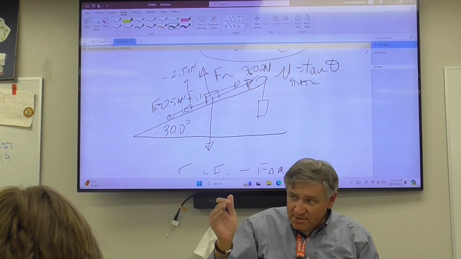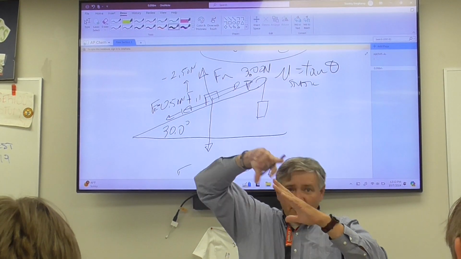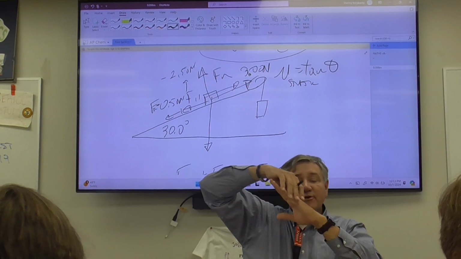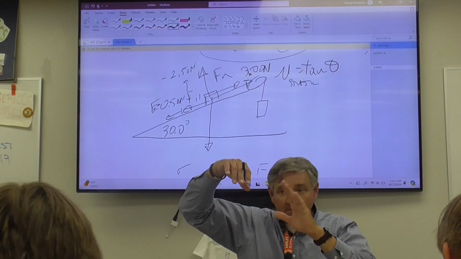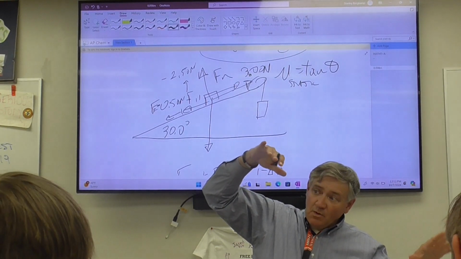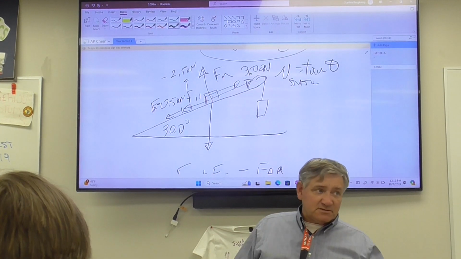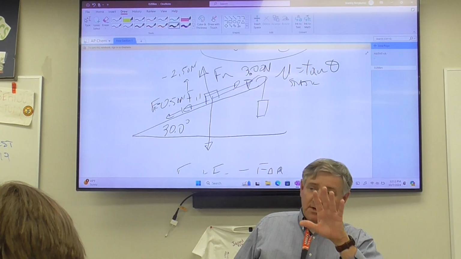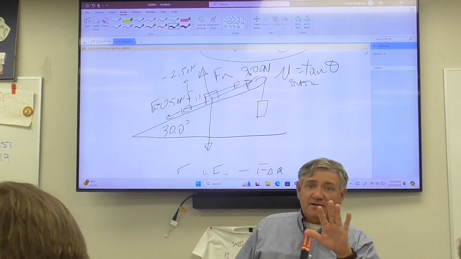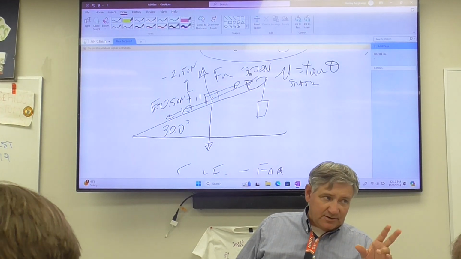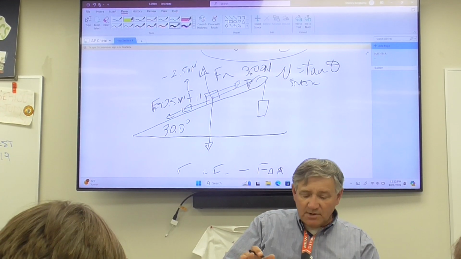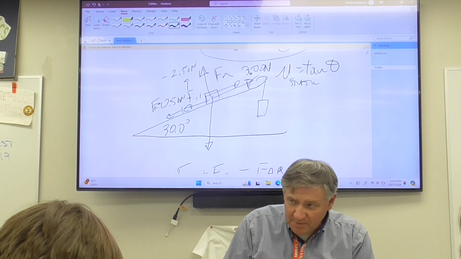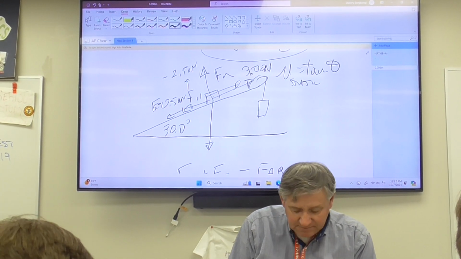So on number 3, now you have 2 forces acting up: your applied force and your force friction, which should equal the only force acting down, which is the force parallel. Okay? So on number 3, you don't have to do any new calculations. You're just going to change the sign on your force friction. So on number 3, the force should be between 1 and 2 newtons.